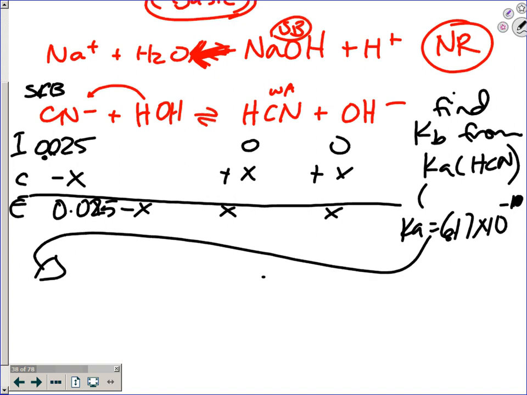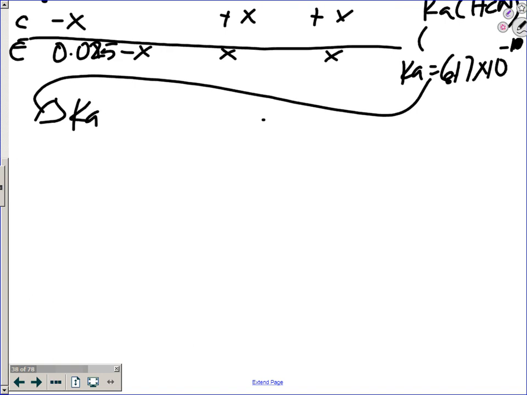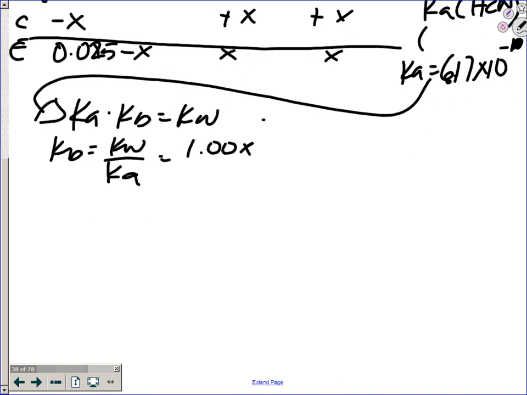I heard use Kw, but give me more. Okay, Kb equals Kw over Ka. Good. So Ka times Kb is equal to Kw. So to rearrange that, we're solving for Kb, Kw over Ka. So 1.0 times 10 to the negative 14th divided by 6.17 times 10 to the negative 10th.